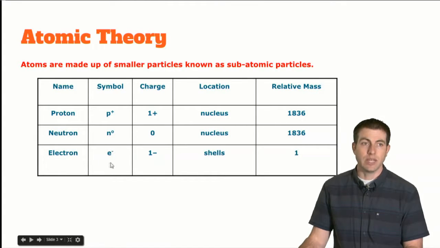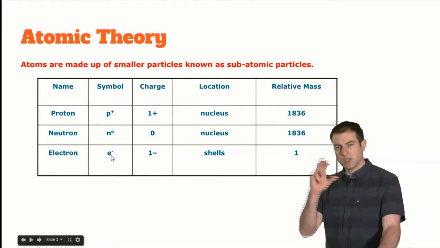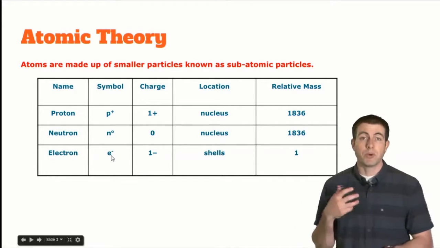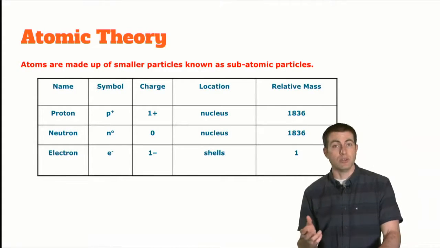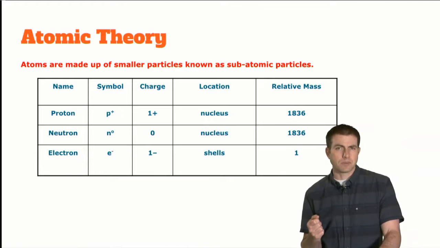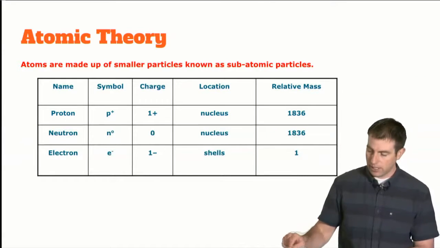And then an e with a little negative sign next to it gives us electrons. The reason we put those little symbols next to them is that protons have a positive charge, neutrons have no charge, they're neutral, and electrons have a negative charge. So we're going to spend a lot of time looking at these things today and how they work.